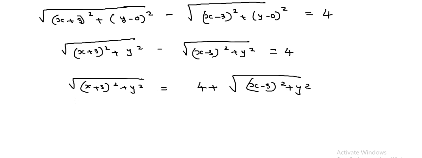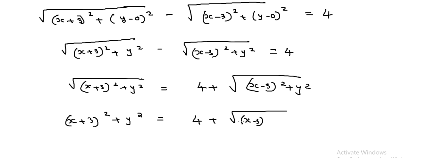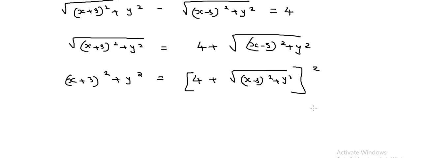When we take squaring on both sides, this root will be removed. So (x plus 3) whole square plus y square will be equal to (4 plus root of (x minus 3) whole square plus y square) whole square.